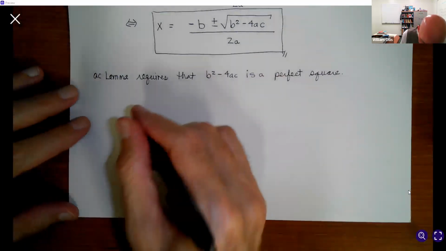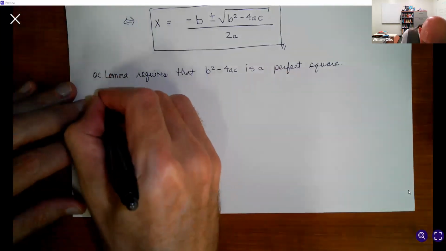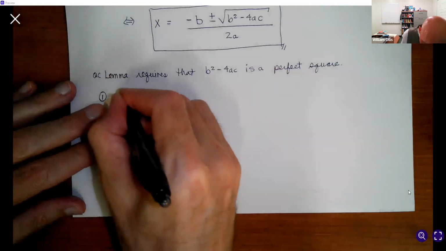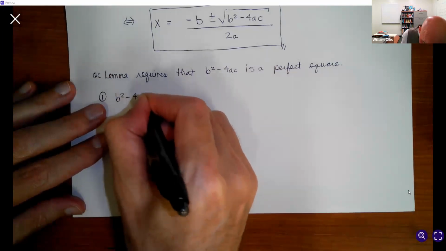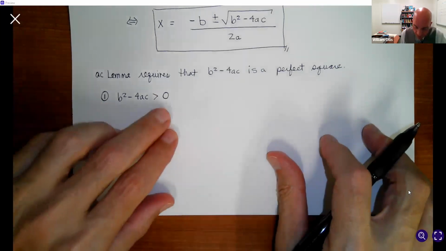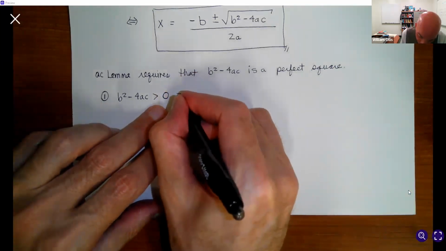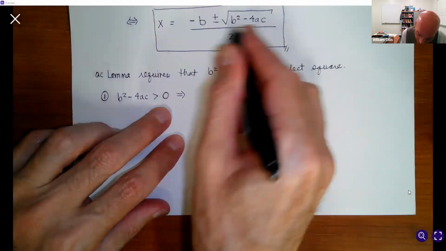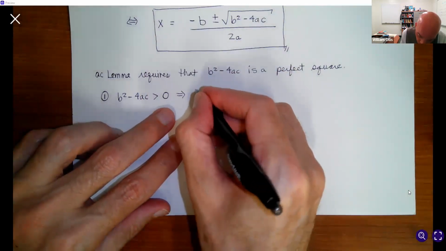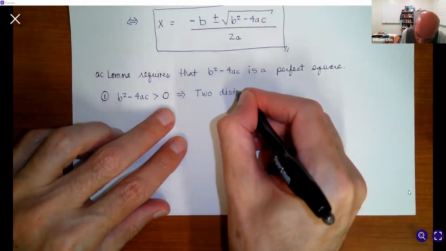And additionally, we can see the following. Number one, b squared minus 4ac is a positive number. It could be a perfect square, but say it's a positive number, then this implies that we have, in this case, two distinct real zeros.